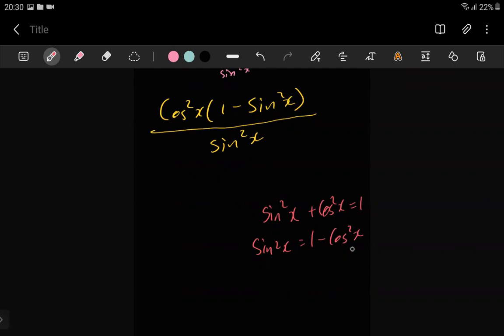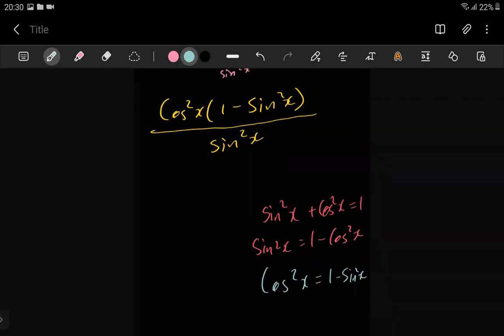If you see something like this, you can write it like this. Another way is if you leave the cos squared x on the one side, you're going to have 1 minus sin squared x. Do you get it?